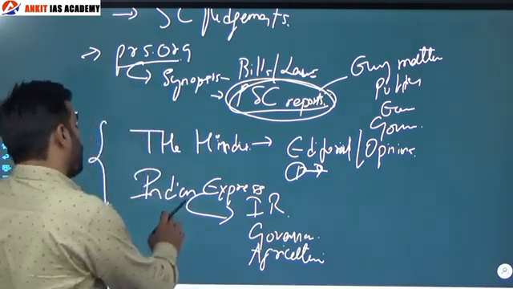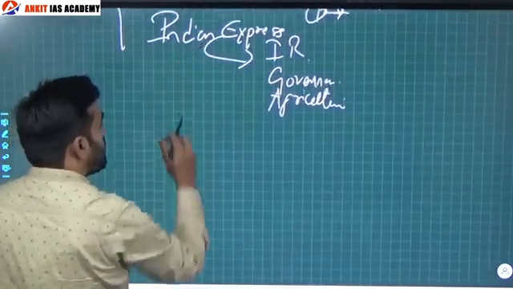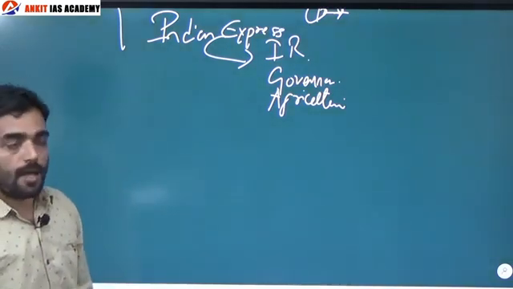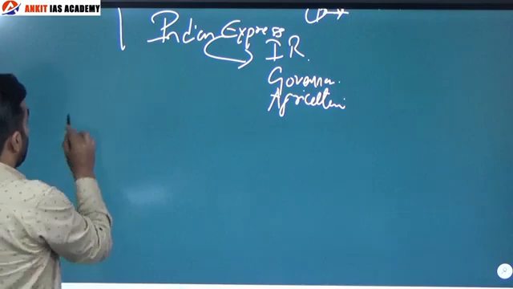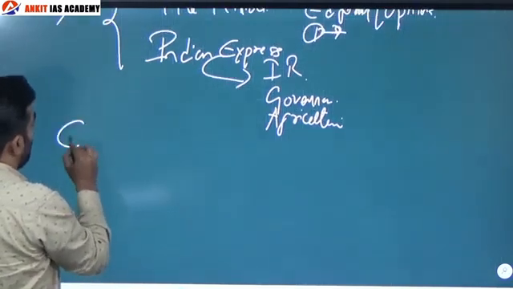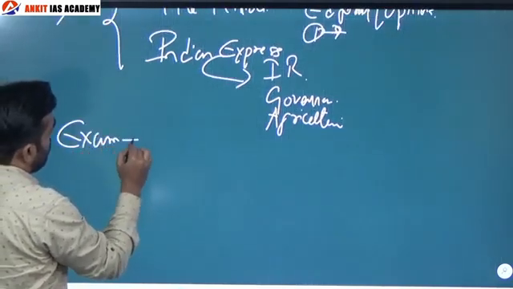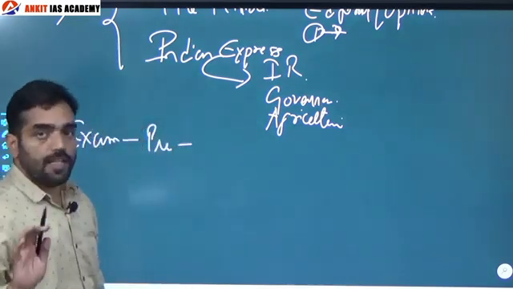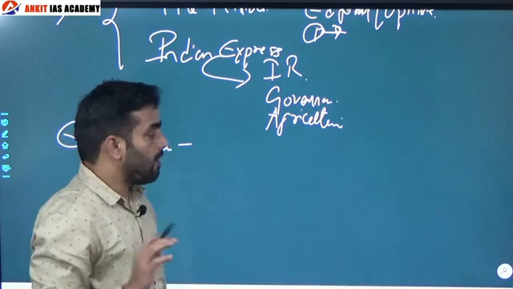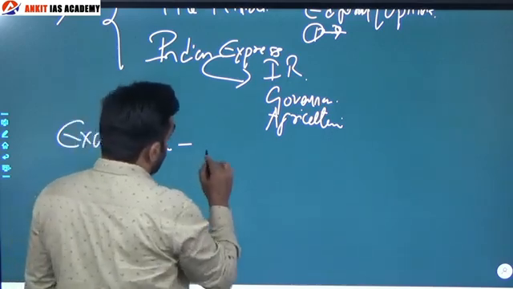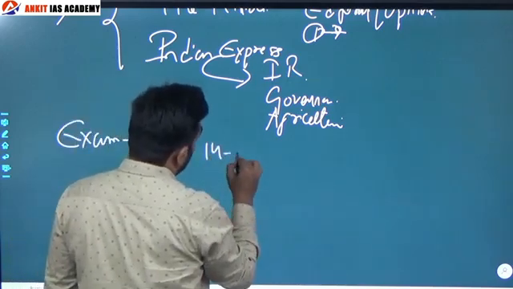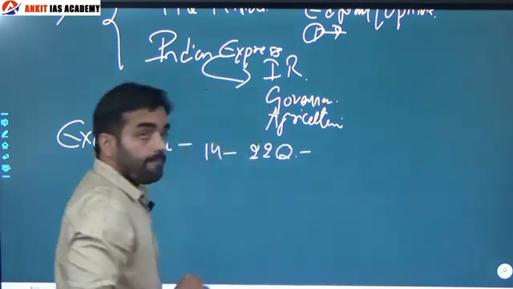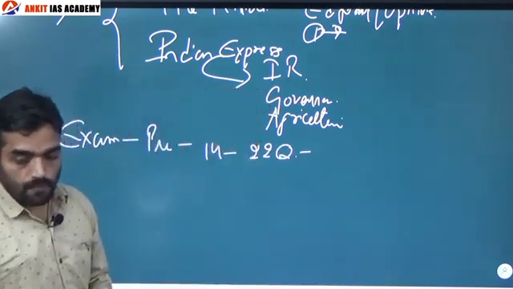Talking about the exam relevance of the polity and constitution part for your exam, first is prelims. In prelims, every year you will find 14 to 22 questions in your pre-exam.